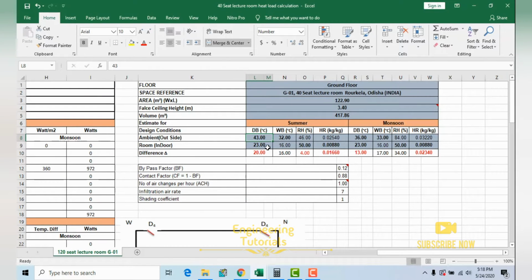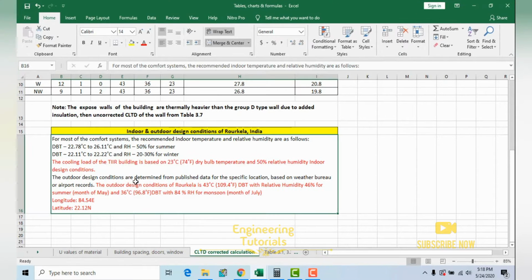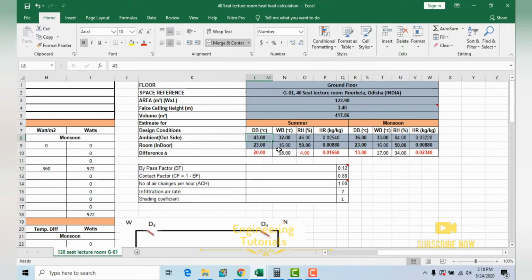So 43 is the dry bulb temperature outside, and indoor we already know that we have selected 23 degrees Celsius, and outdoor relative humidity is 46, and indoor relative humidity we already know that from here 50%.